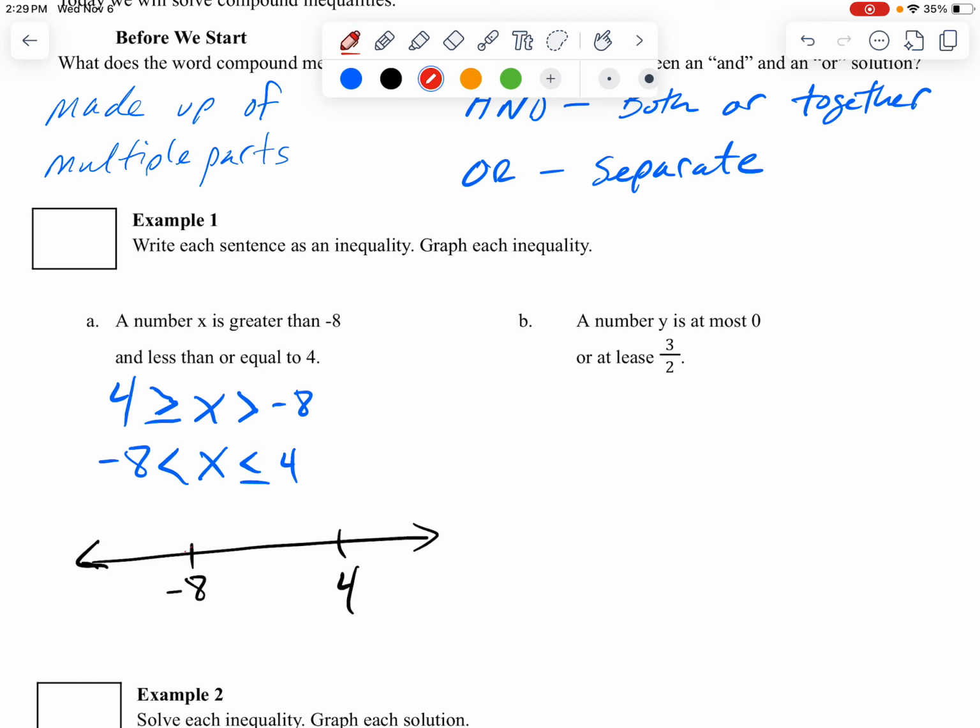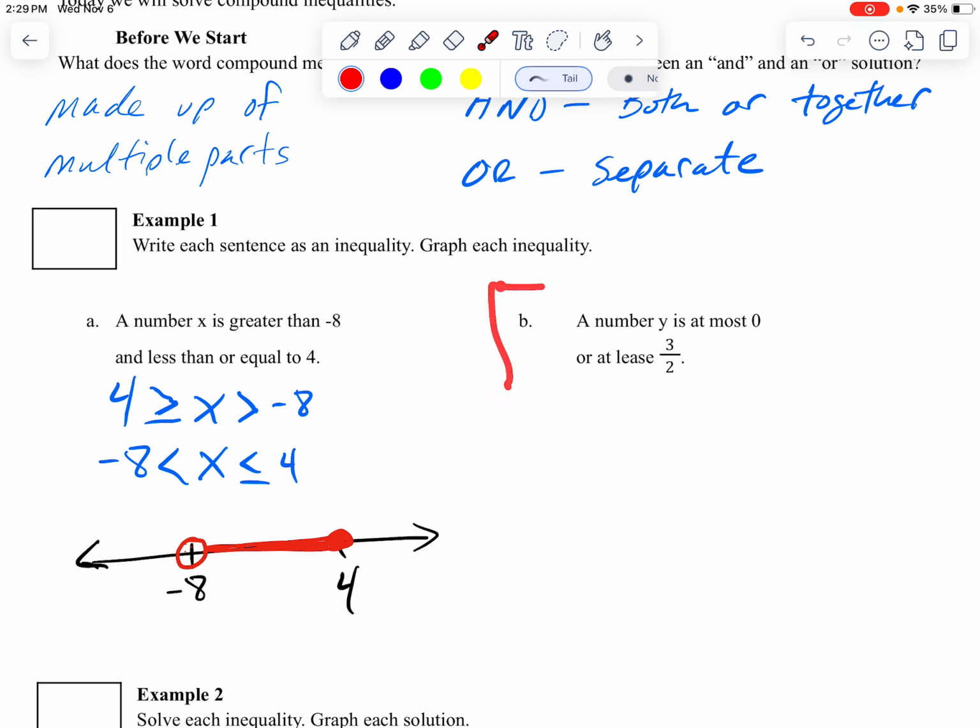So the graph would look like this. I've got an open circle on the -8, a closed circle on the 4, and my solution set is everything in between. In other words, any of these values in between would make our inequality true.